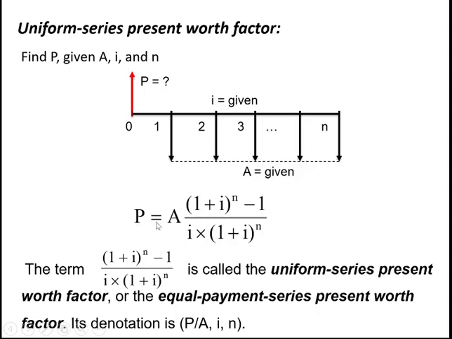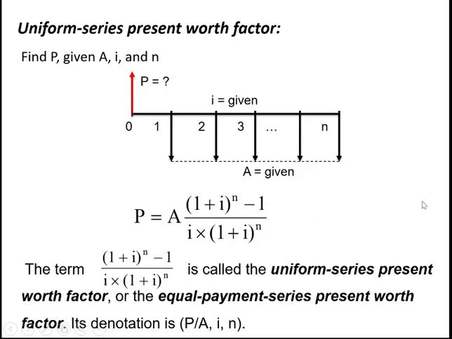And we use this formula to calculate the present worth: P equals 500 times the factor, with interest rate 0.006 and the number of periods 36.